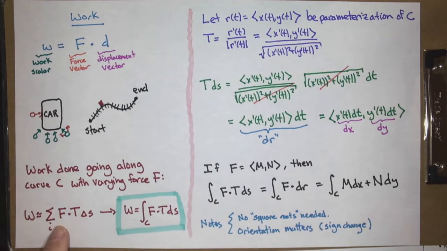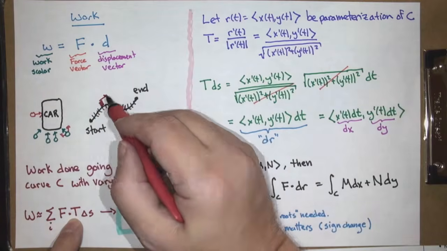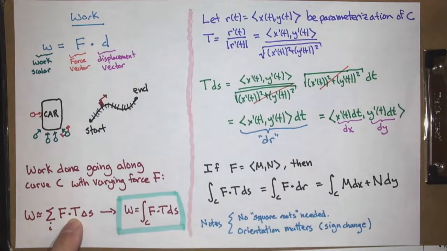So there's the force. Then you have to say, what's the displacement? So that gets back to, what was T? Do you remember T? This capital T? It was our tangent vector, our unit tangent vector.